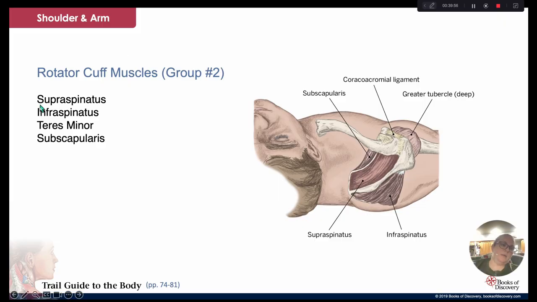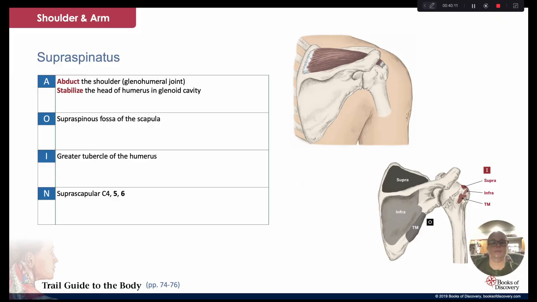If you were to look at these three letters in the beginning, it spells the word SITS, S-I-T-S. The muscle sits on the scapula. Here's the supraspinatus, right? This bad boy will abduct the shoulder, and the rotator cuff muscles have a name that's very deceiving.